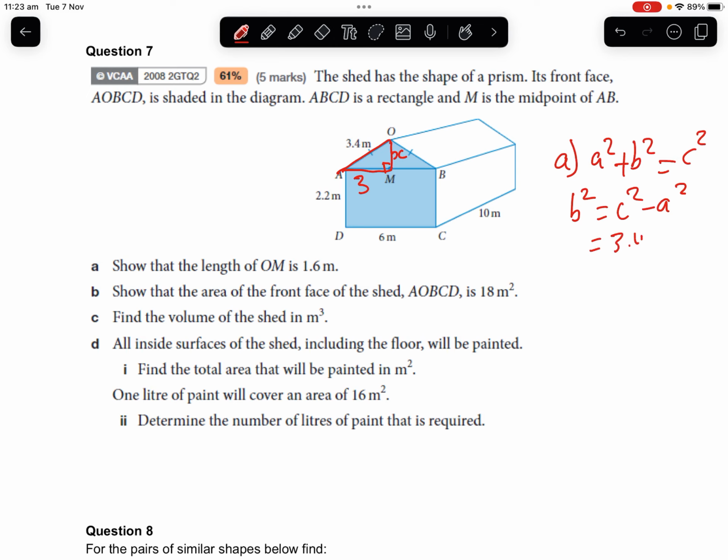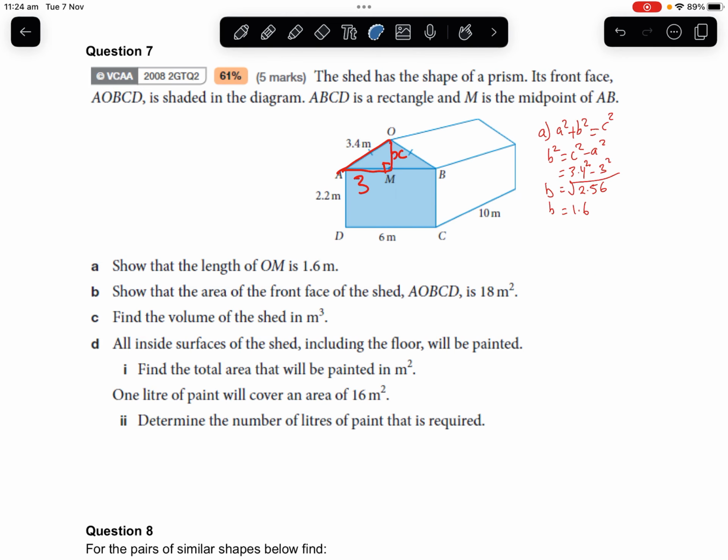C is 3.4 and A is 3. So B is the square root of 3.4 squared minus 3 squared. 3.4 squared is 11.56, minus 3 squared which is 9, gives 2.56, and the square root of 2.56 is 1.6. So that's part a.